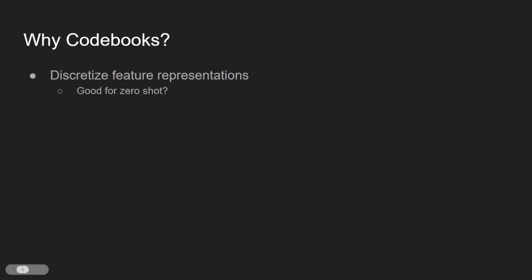Since we've seen good performance in a zero-shot generative setting like DALL-E, we thought maybe those strengths could transfer well to our application. So for example, let's say these red dots are our codebook vectors, and we get a feature representation, say this green dot. Discrete assignment allows us to just assign this green dot to our closest codebook vector here.